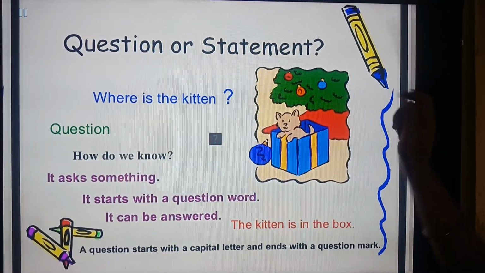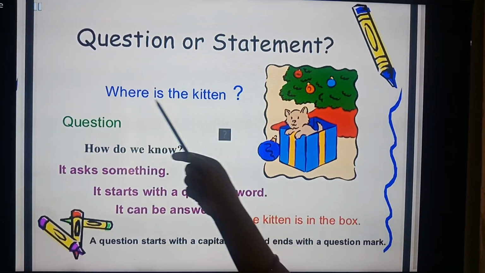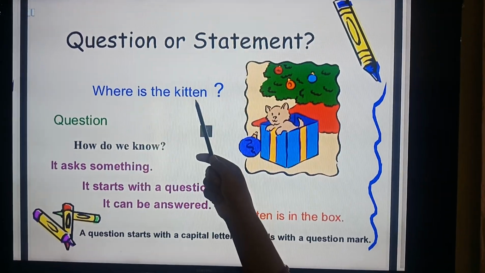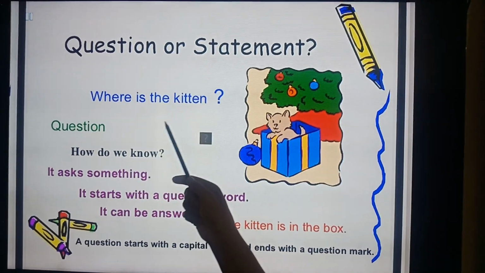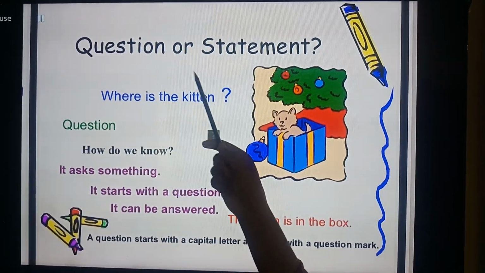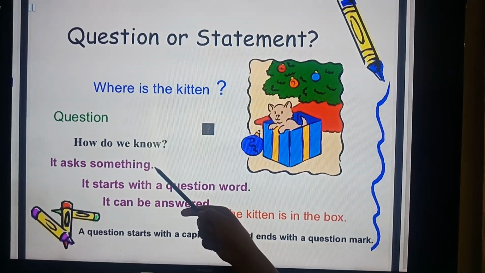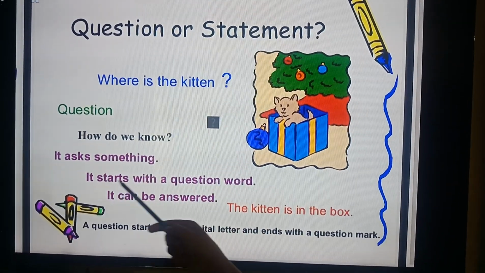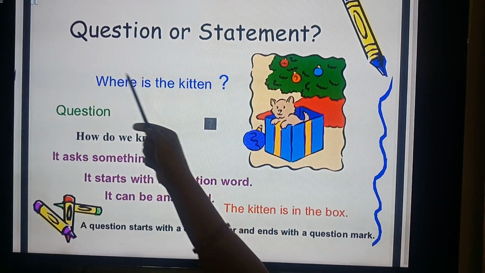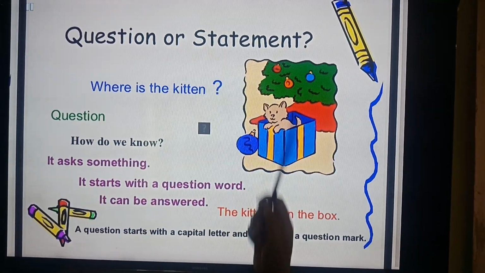Question or statement? Now this is the next sentence, children. Where is the kitten? How can we identify this as a statement or a question? We can see here it is asking something. It also starts with a question word. It can be answered.